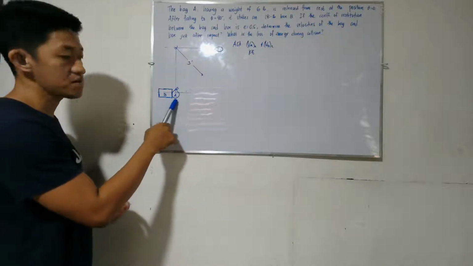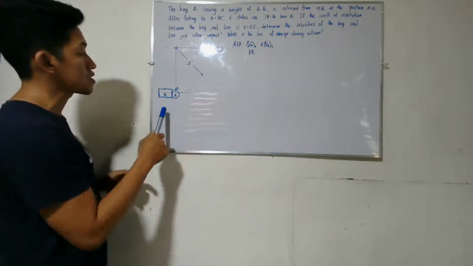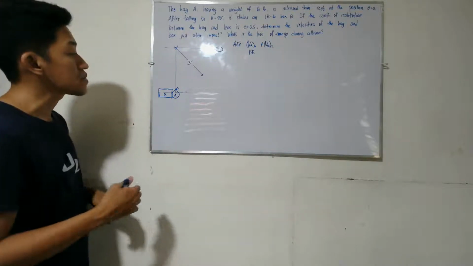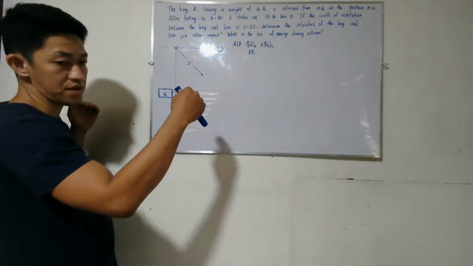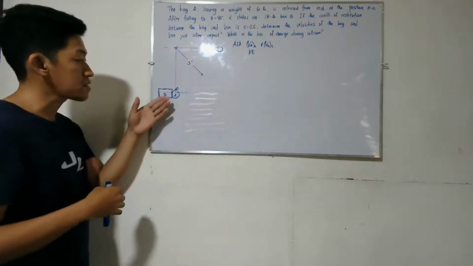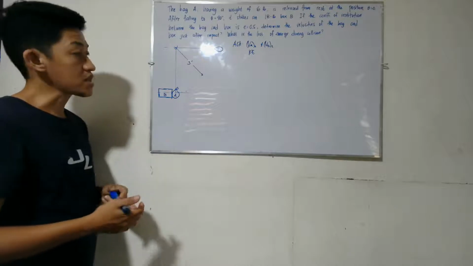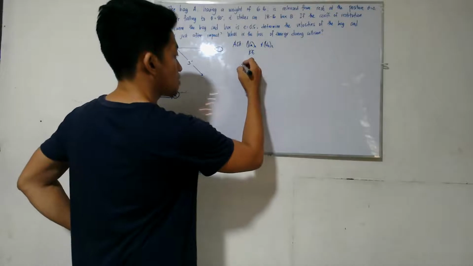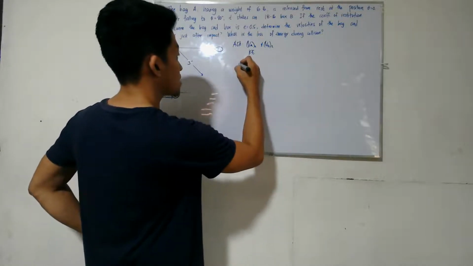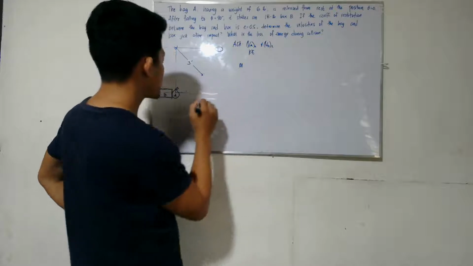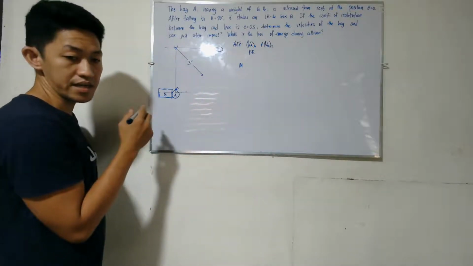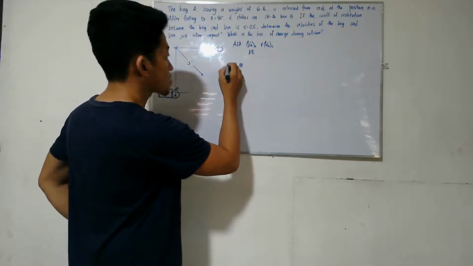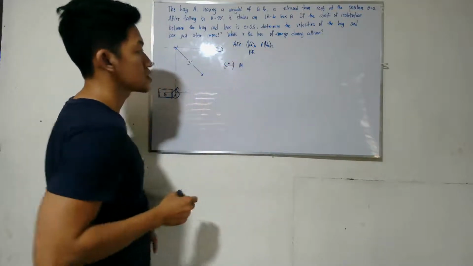Okay, so we will apply the conservation of momentum for this central impact. This is an example of central impact because the line of impact and the velocity of the objects are aligned. So applying the conservation of momentum along X, by the way, for this scenario, you can take going to the right as positive or going to the left as positive.